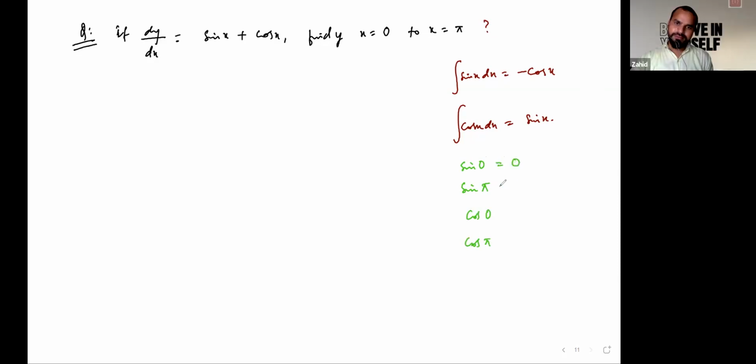Sin 0 is 0, sin pi is also 0, cos 0 is 1, and cos pi is minus 1. Just remember these values.